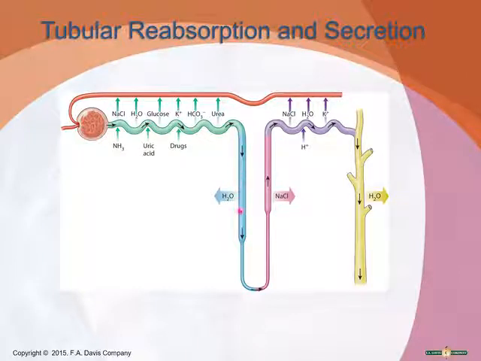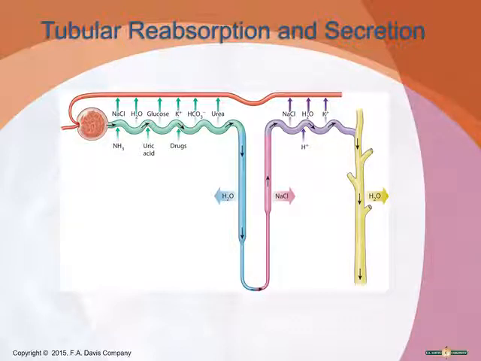Water diffuses out in the descending limb of the loop of Henle, which further concentrates the filtrate. So this is getting even more concentrated. This urine that's being formed is even more concentrated right here because water is going back out and into the bloodstream. Sodium and chloride are actively pumped out when we get over to the other side, to the ascending limb of the loop of Henle, going into the interstitial fluid.